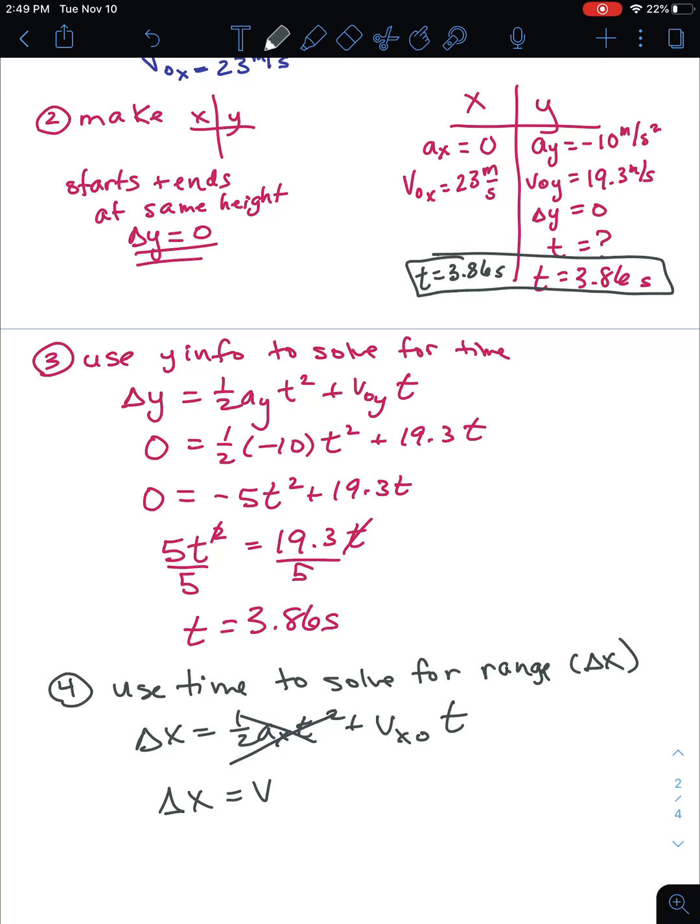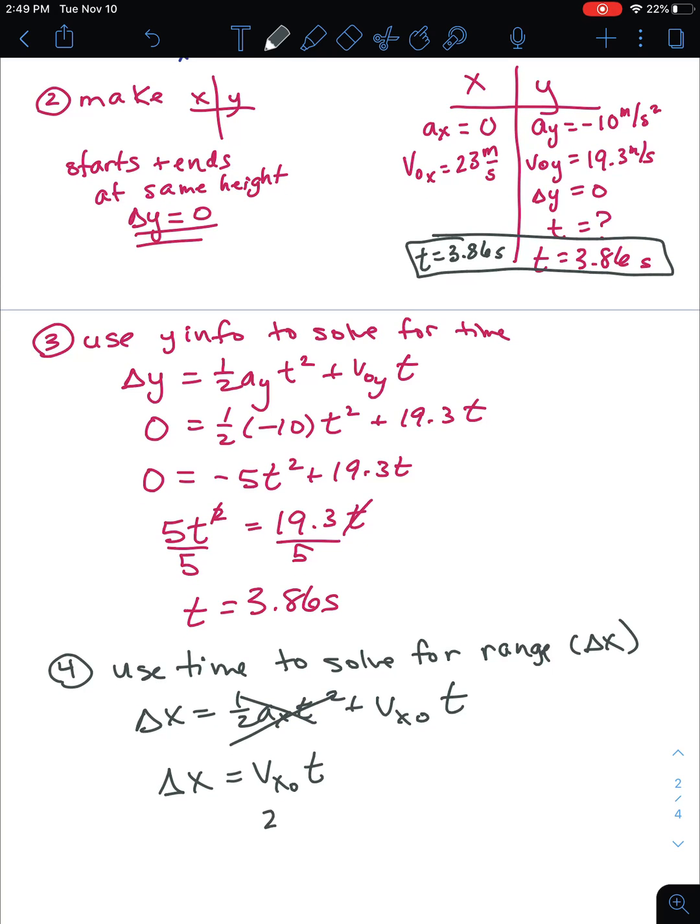And so my delta x just depends on my x velocity times my time. My x velocity I've solved for, 23, and my time I've solved for, 3.86. And so the range, the distance that the soccer ball carries, is going to be 23 times 3.86, which is 88.8.